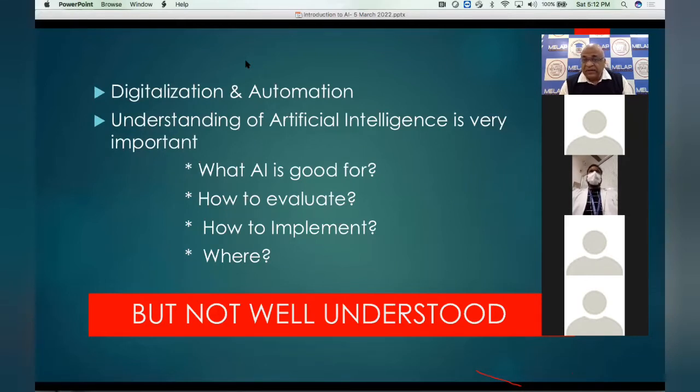We have to understand what this artificial intelligence is good for. That means what are its uses, what are its applications, what are the areas where we can apply this. And when we are applying it, it is very important to evaluate whether it is really serving some purpose or not. And when we are evaluating, we have to understand its limitations also.